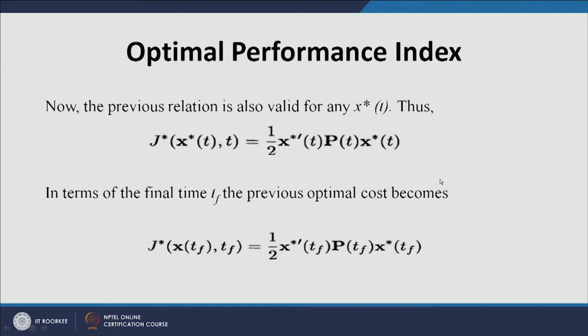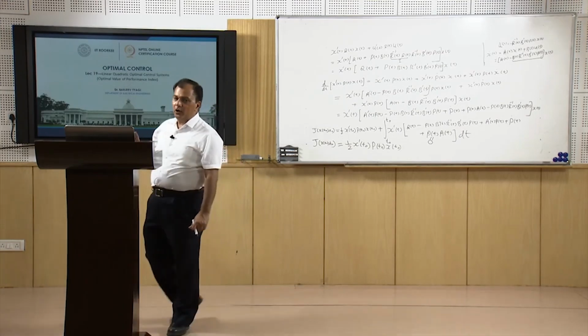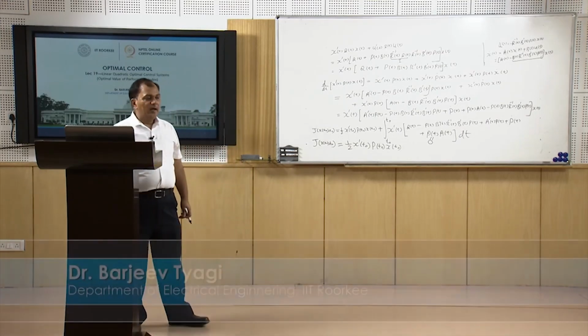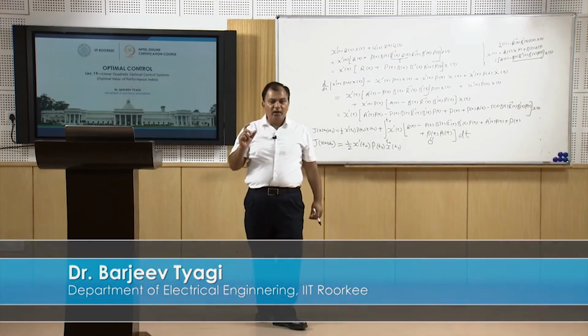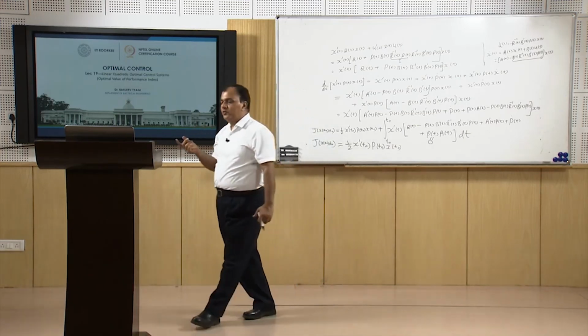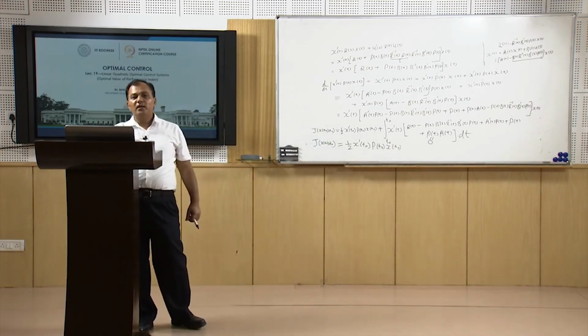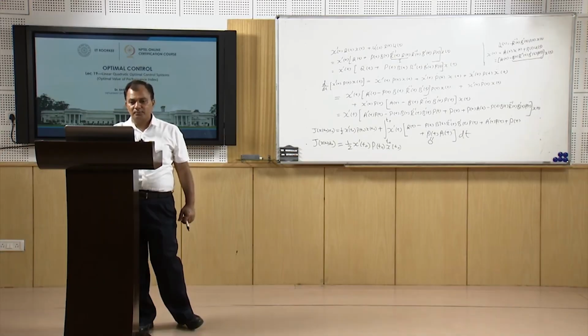So by this we can determine the optimal value of my objective function, and as my second variation is 0 and R is positive definite, this means this optimal cost is nothing but the minimal cost of my performance index.